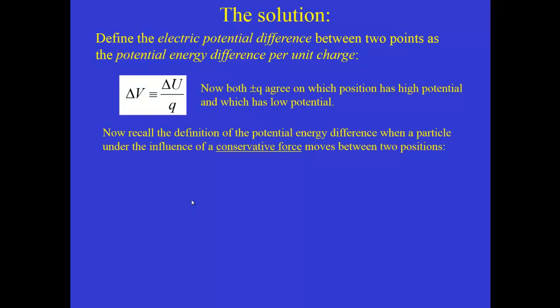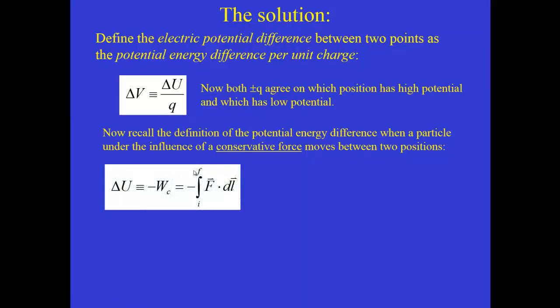Now recall, we can expand on this definition by using the relationship for the potential energy difference when there's a particle under the influence of a conservative force moving between two positions. You might remember this definition. We define potential energy difference as minus the work done by a conservative force when that object moves from an initial to a final point under the influence of a conservative force F. And dl is just the infinitesimal displacement vector along the path.